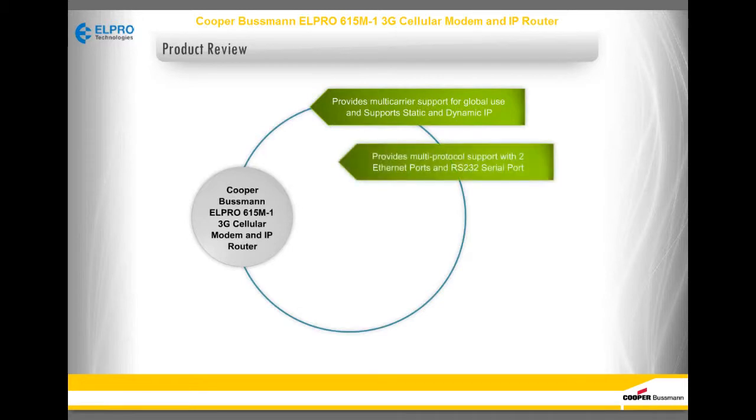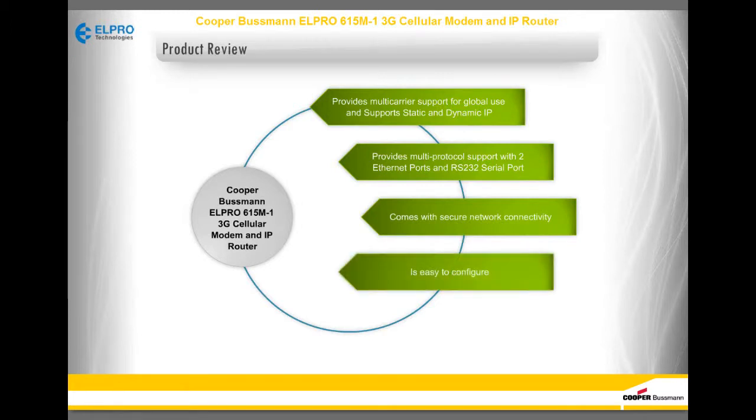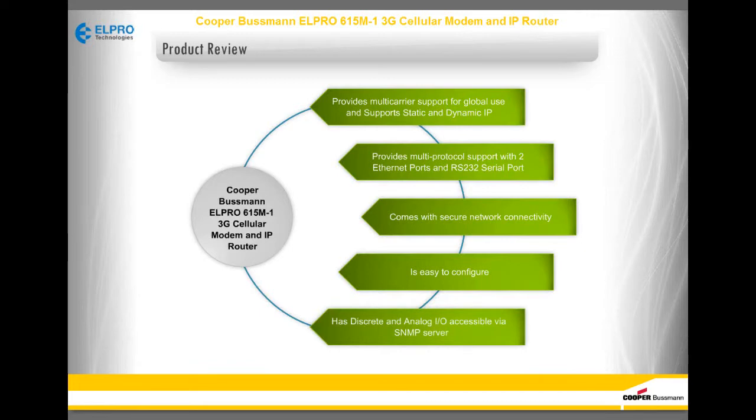It provides multi-protocol support with 2 Ethernet ports and an RS-232 serial port. It comes with secure network connectivity: IPsec, PPTP, VPN, RADIUS 802.1X. It is easy to configure, with web page configuration and over-the-air configuration and diagnostics. It has discrete and analog I/O, which is accessible via SNMP server.